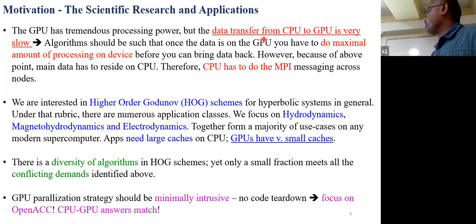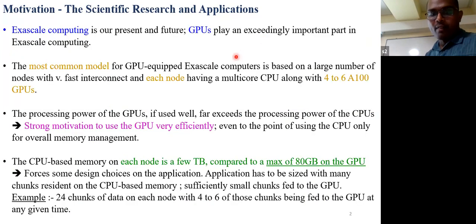The second bottleneck is the smaller memory footprint of the GPUs. The GPUs have only about 80 GB at the maximum.